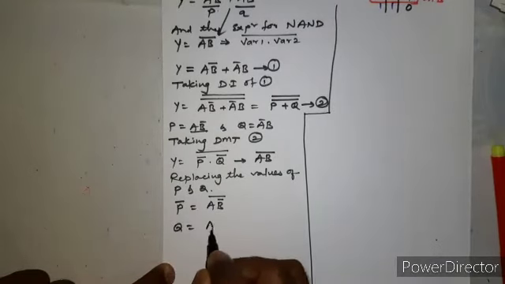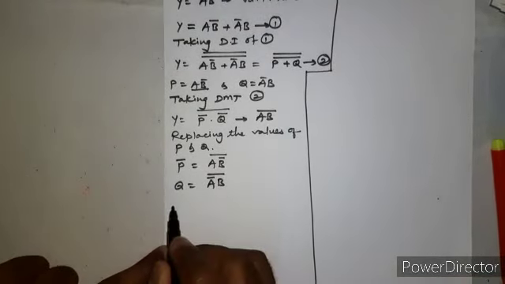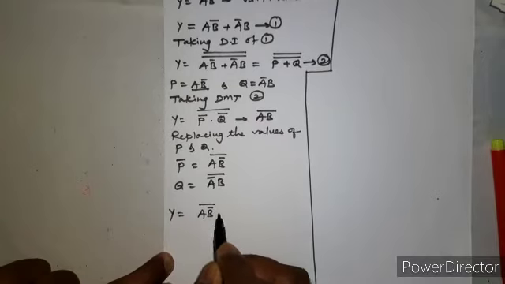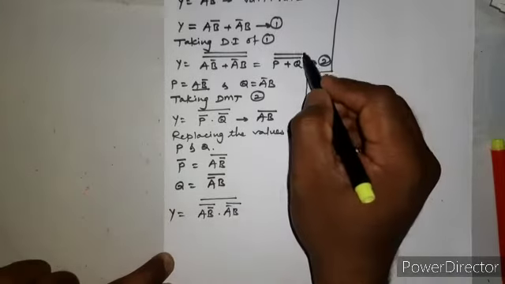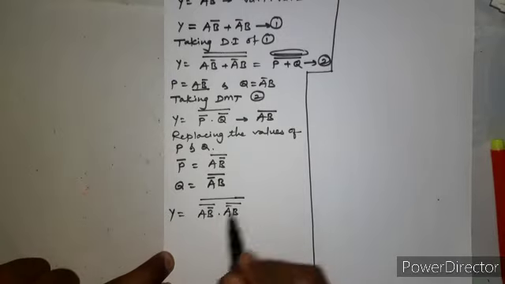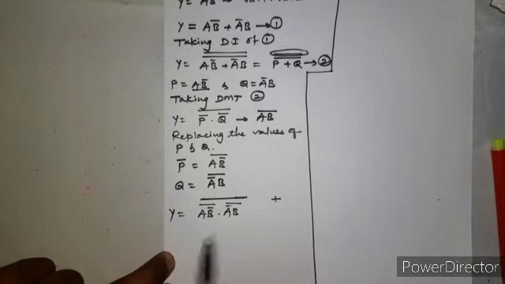because this whole bar is here and our P is A B bar, right? And this Q is A bar B whole bar, right? So my final equation should be y equal to A B bar whole bar into A bar B whole bar and its bar, this one, right? So do we have anywhere here this OR operation or plus sign?